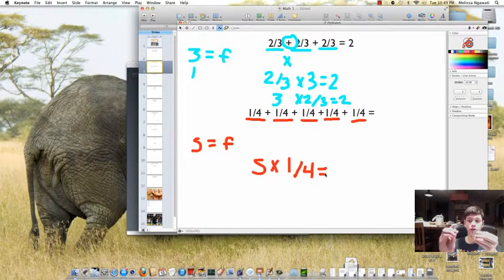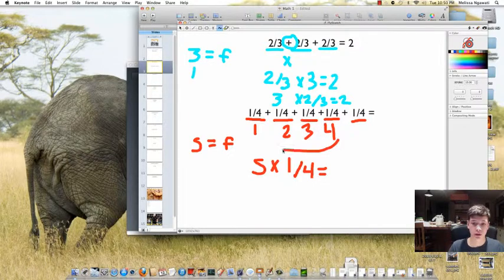Now we have an extra quarter left over. Put together is $1.25. So here we have 1, 2, 3, 4 quarters, which is $1 with 1 left over. So the answer is 1.25.